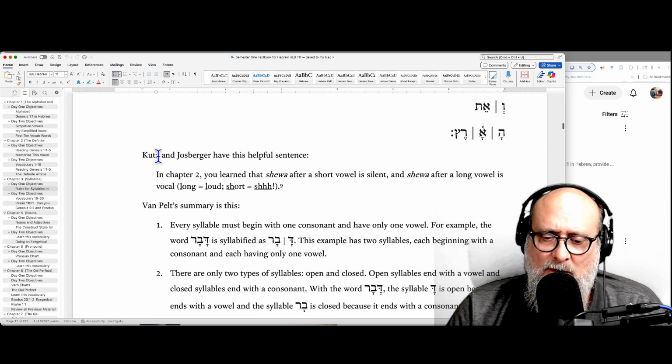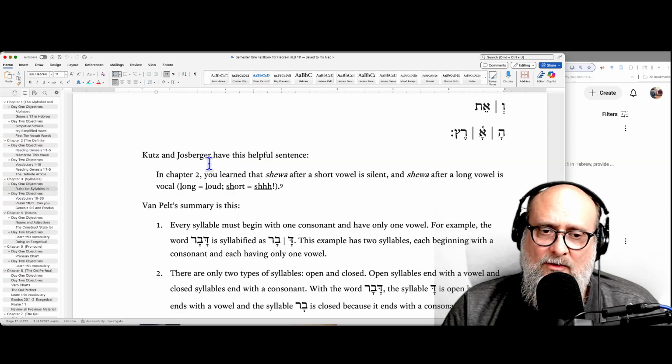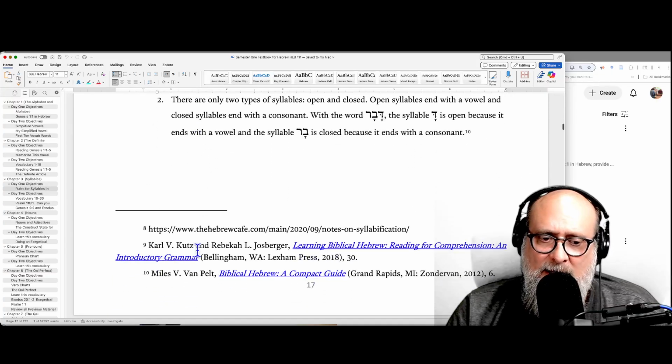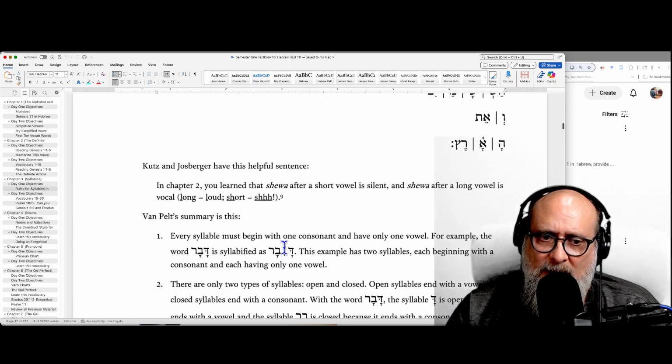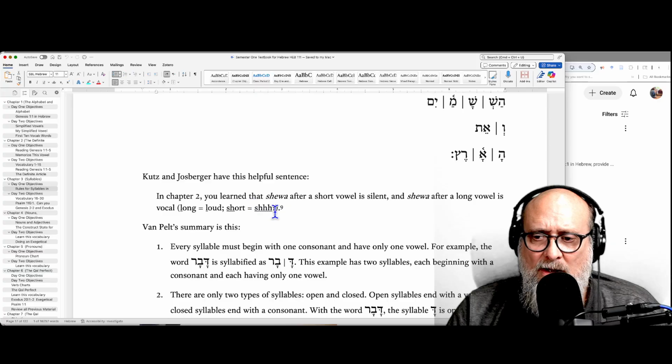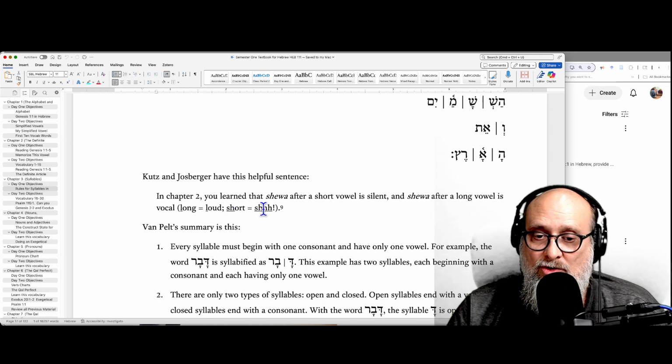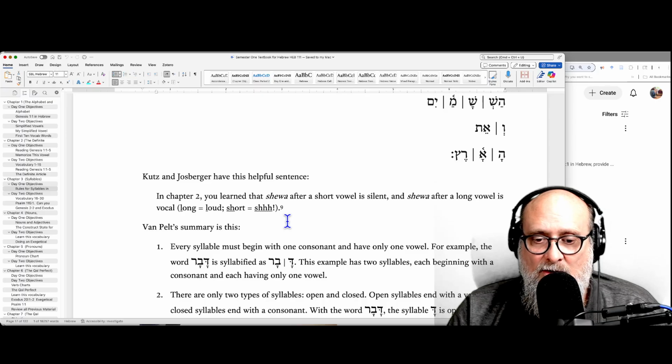excellent textbook. I don't know if you have access in Logos, but it's worth getting this Kurtz and Jossberger. They have this nice rule, knowing the difference between a silent schwa and a vocal schwa. They do it this way. A long vowel means a loud schwa, and a short vowel is sh, meaning silent.